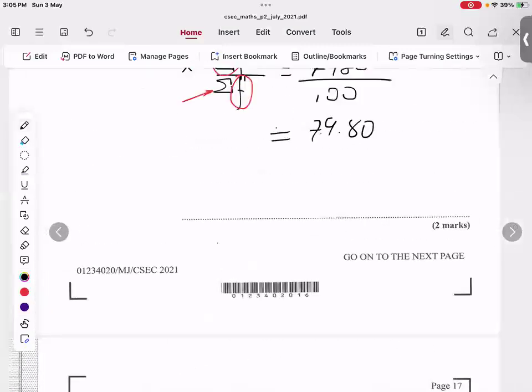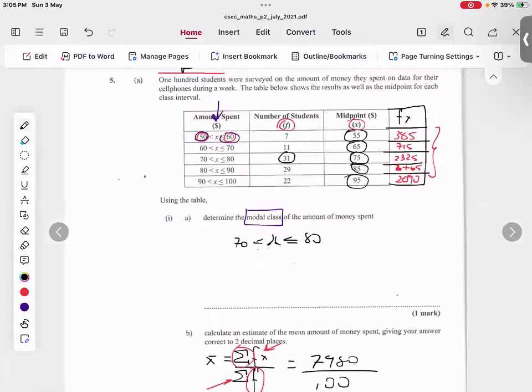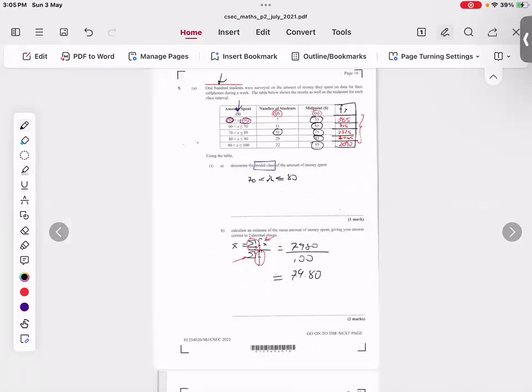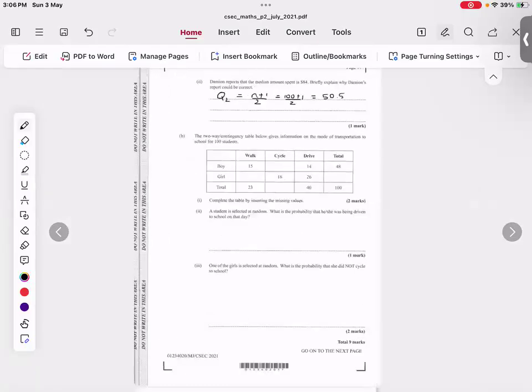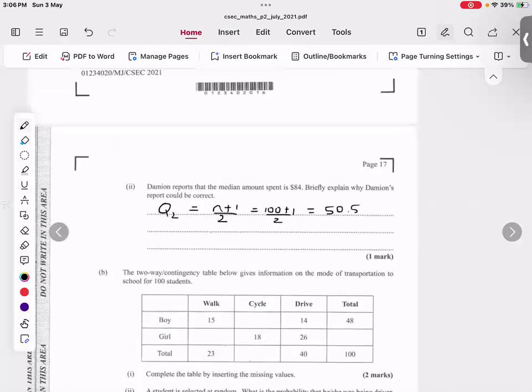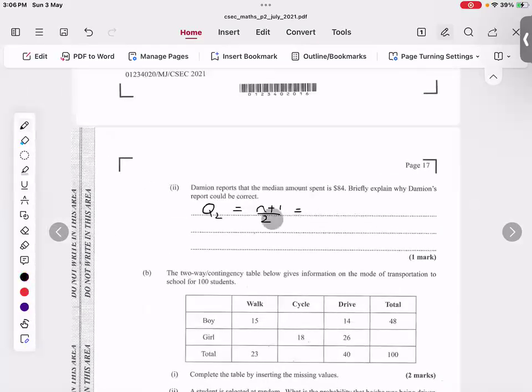The median is located at the 50.5 position. Now, if we go back up here, we have to create something called a cumulative frequency. Let me see how many marks it's worth. It might be 1 mark. No, I'm not going to show all of that for 1 mark. There has to be an easier way.